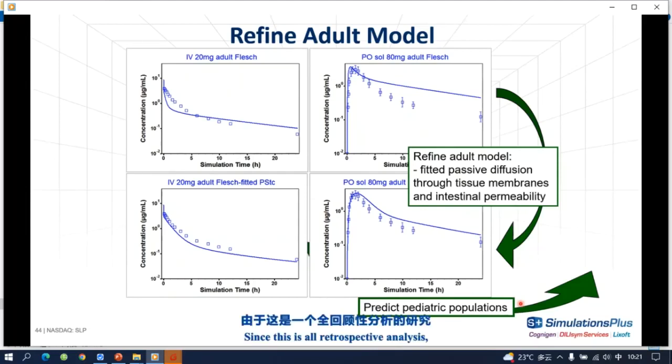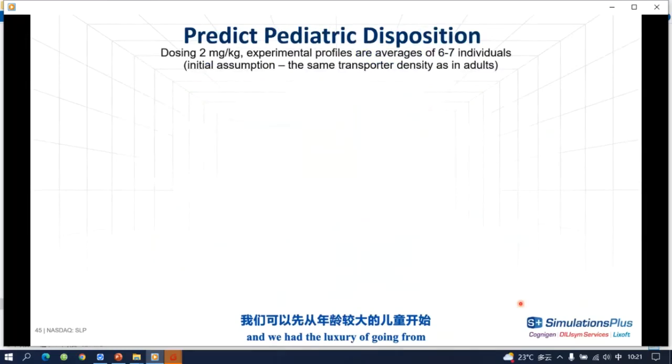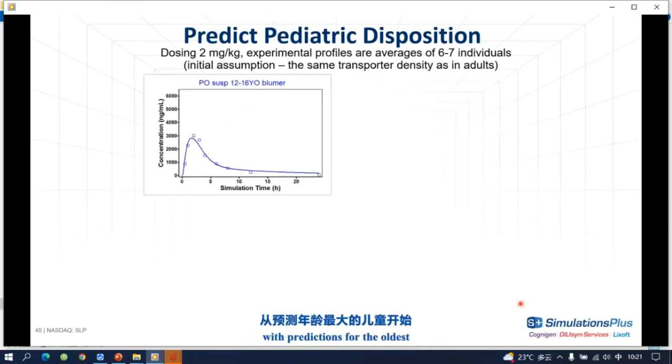And of course, since this is all retrospective analysis, we did have the data and we had the luxury of going from the older children into the younger ones. So we've been looking at this, starting with predictions for the oldest children, and this was 12 to 16 years old group. And if there was any misprediction, we could do the model update first before we would go into the younger group. But for here, the 12 to 16 years old, they were predicted very nicely.